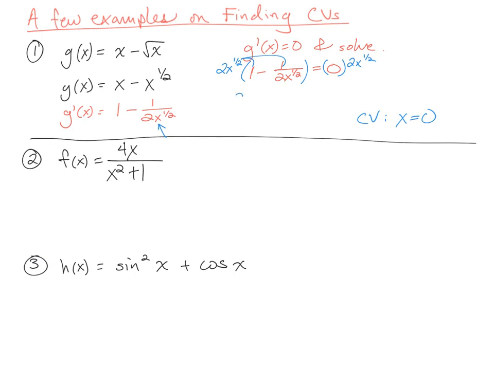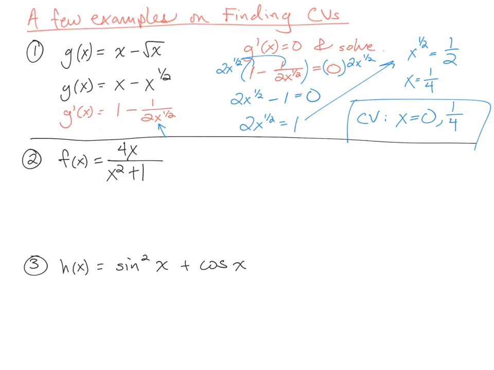That leaves me with 2x to the 1/2 minus 1 equals 0. You can add 1 to both sides, divide both sides by 2, and square both sides to get rid of this 1/2. So we end up with x equals 1 over 4. You'd square the top and the bottom of the 1/2. So there go the two critical values for this function.